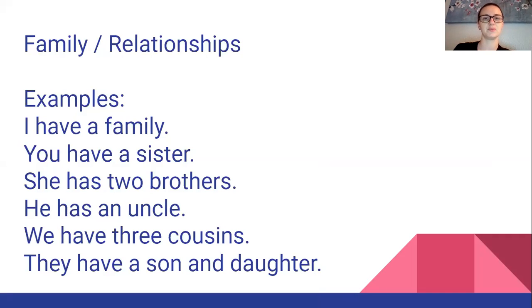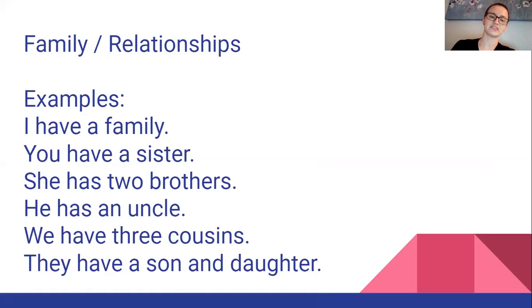Just a few examples. We've seen this before a little bit on our previous slideshow. So family relationships: I have a family. You have a sister. She has two brothers. He has an uncle. We have three cousins.